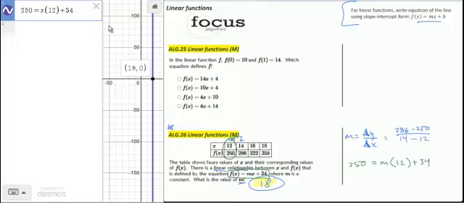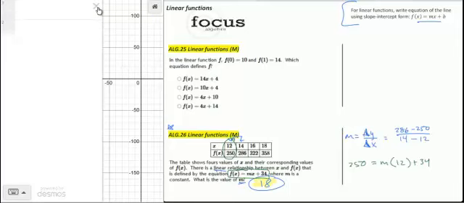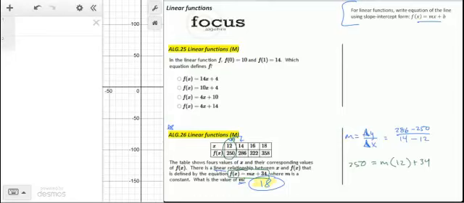Okay, the final way that I want to show you, and it's not the most efficient way, but the reason I'm showing you is it allows you to get familiar with how Desmos works, is you can actually plug these points into a table. So if I hit this plus button and set up a table and just copy what they have.